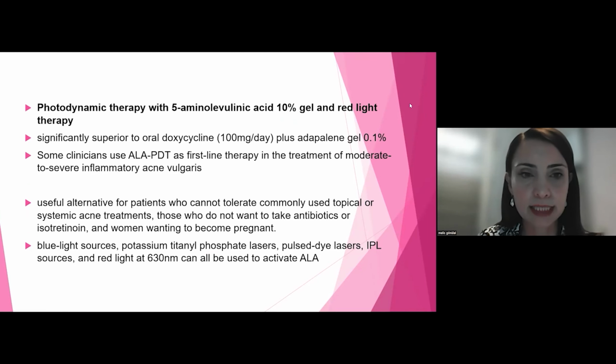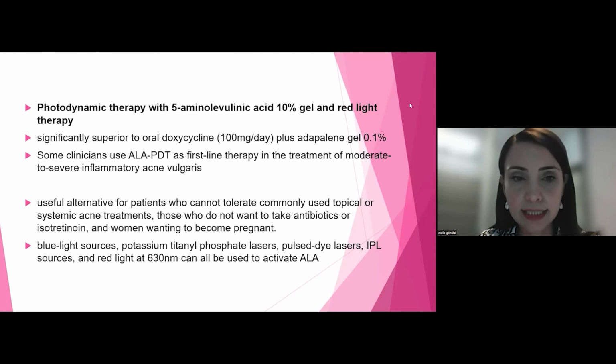This treatment modality is a useful alternative for patients who cannot tolerate commonly used topical or systemic acne treatments, those who don't want to take antibiotics or isotretinoin, and for women wanting to become pregnant.